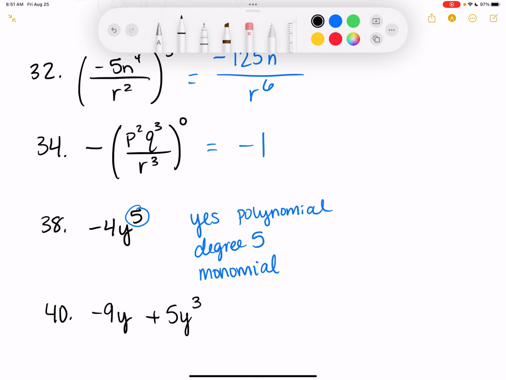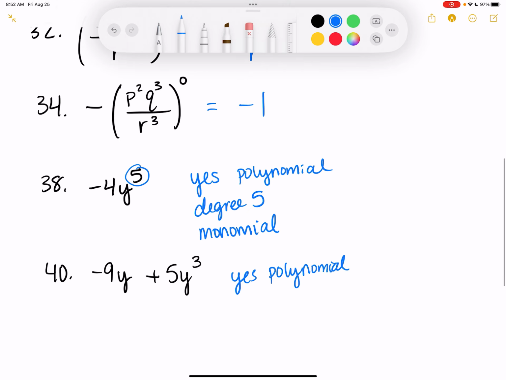So we only care about the power when we're deciding if it's polynomial or not. So if it was -9 in the exponent, then it would not be polynomial. But the numbers out front, they don't matter. So this is going to be polynomial because we've got all positive exponents. Normally we like things written in standard form, which is the highest powered term comes first.